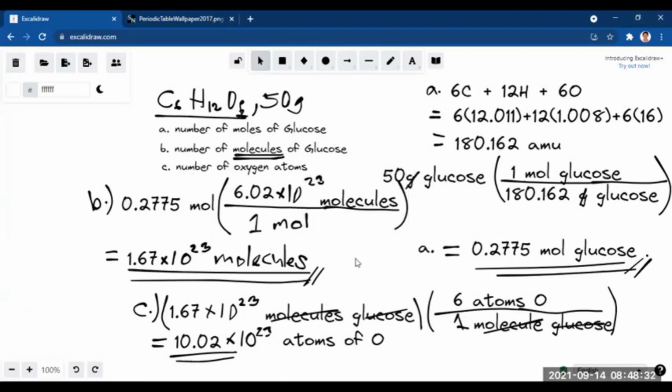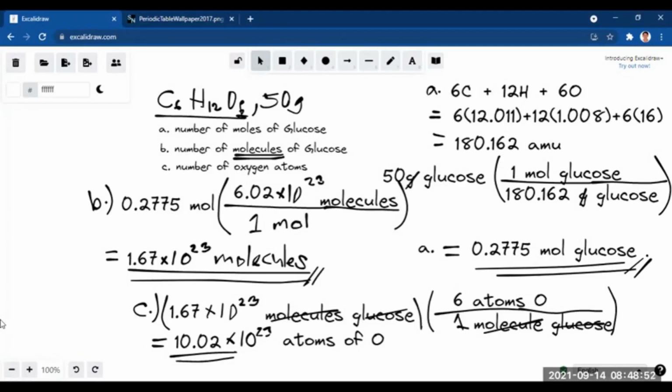We are given again 50 grams of glucose, and the molecular formula of glucose is C6H12O6. We're asked to find letter A, the number of moles of glucose, letter B, the number of molecules, and then letter C, the number of oxygen atoms.